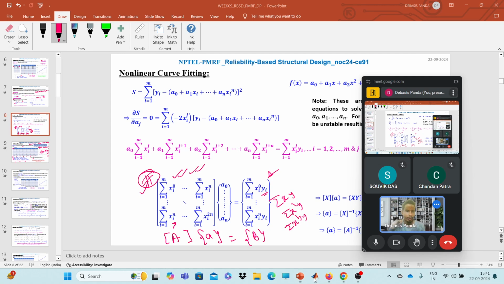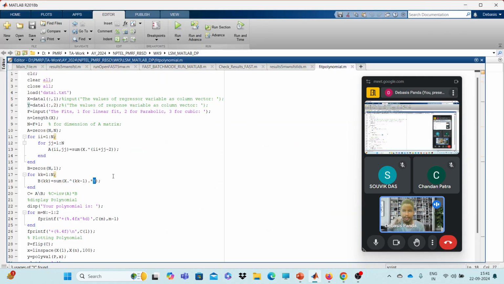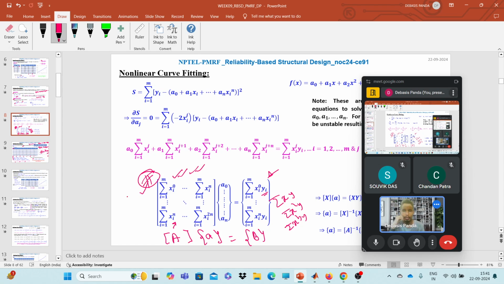Look, precisely in this step, that is solved. So we already have formulated the A and B matrix here. For the nth order polynomial, this is your A matrix.